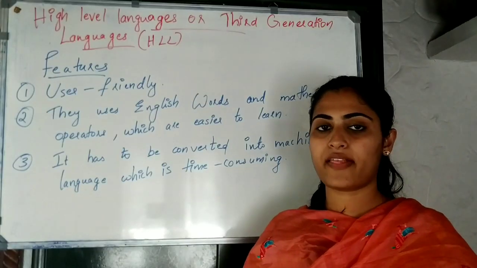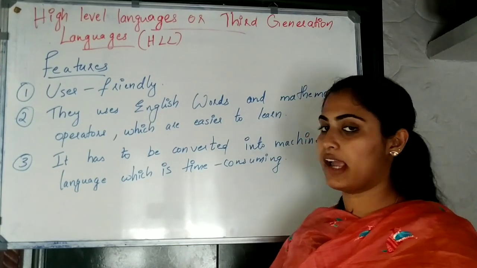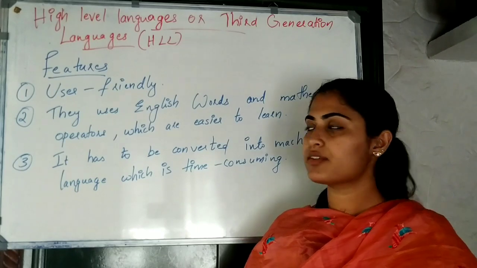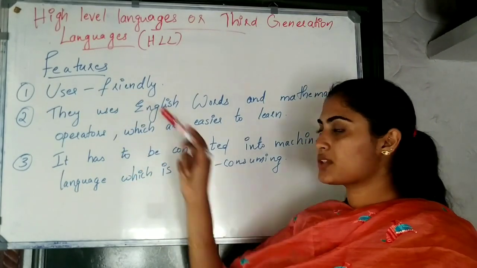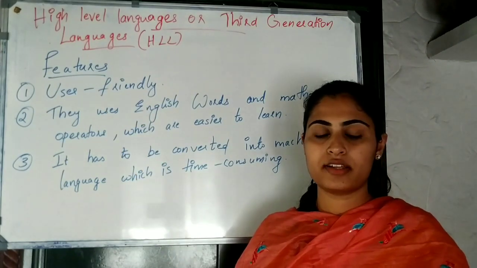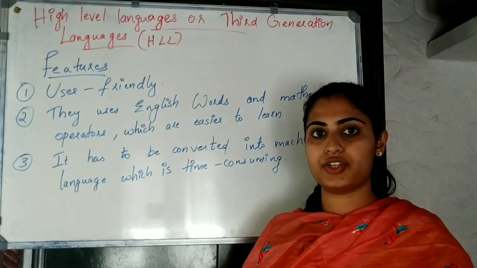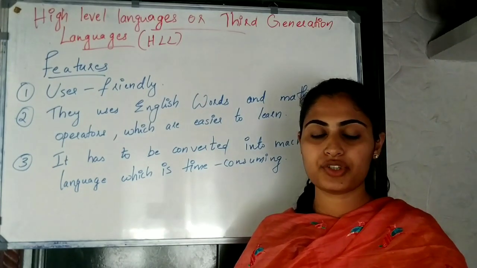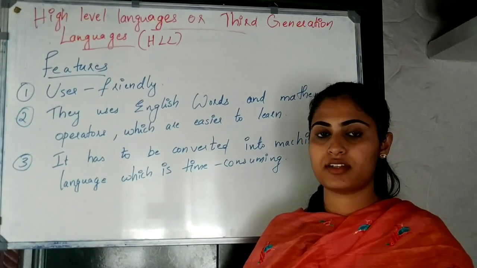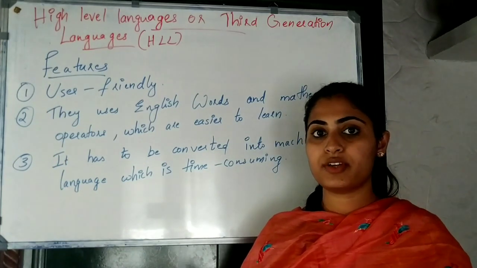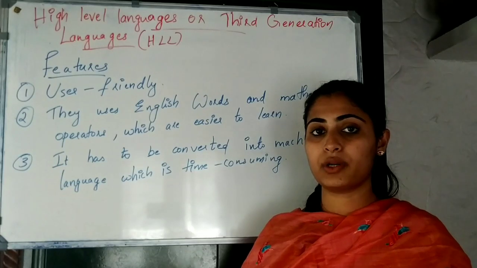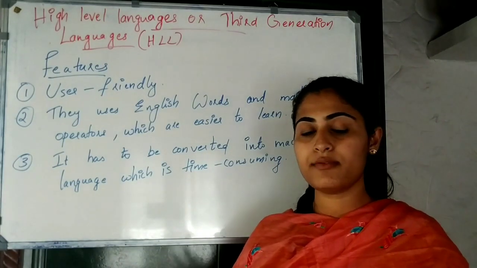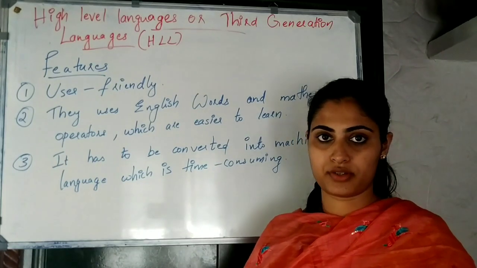Now let us look at the features of high level languages or third generation languages. First feature is they are user friendly. The low level languages, that is machine language as well as assembly language, were machine dependent. That means these languages were designed for a particular type of computer, and that language could be used only in such type of computers.